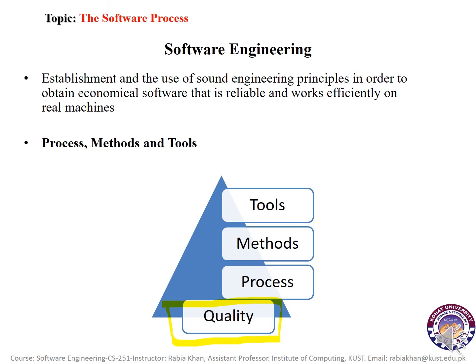Similarly, the root of software engineering is the development of quality software. So quality is the ultimate goal of software engineering. Now, how can you achieve quality software? These three layers are the pillars to achieve a quality product.